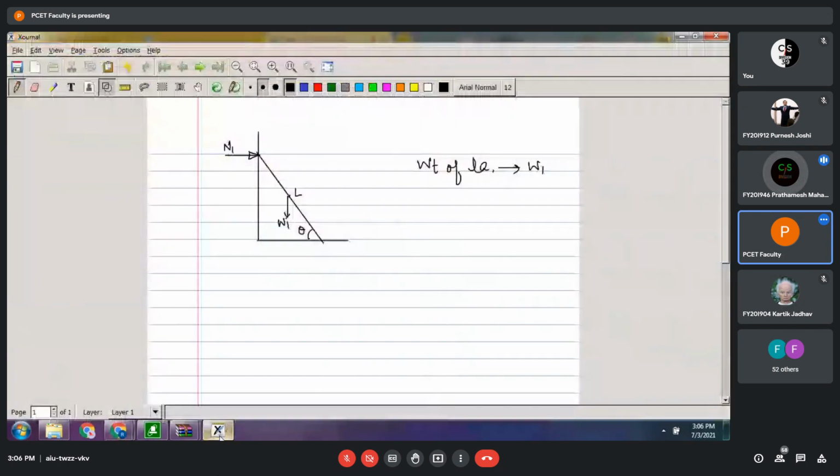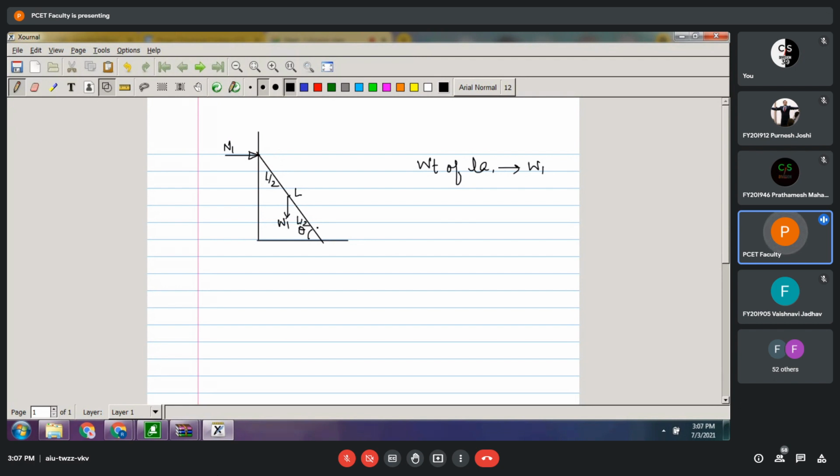मॅम तुम्ही W1 L/2 वर दाखवलं का? Yes beta, L by 2. Because this is self weight, this is your length of the ladder. So if ladder is homogeneous, it is mentioned in the problem. If suppose it is not particularly mentioned in the problem, then you can consider that at L by 2 there is action of self weight of your ladder.